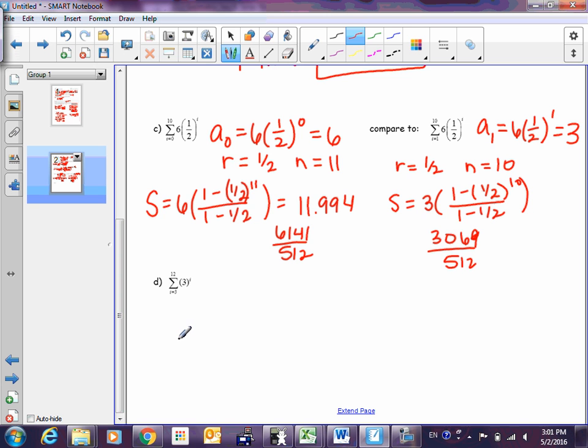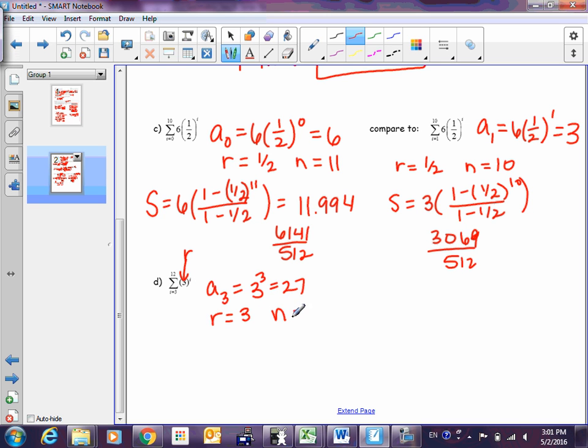Okay, so last one. We have to find this term, which is the third term. And now all we have is 3 to the power of 3. So 27 is the first term. What's r? Look at what I did in the previous problem. r is always the number in parentheses. It doesn't matter how simple or complicated it is, r is the number in parentheses.